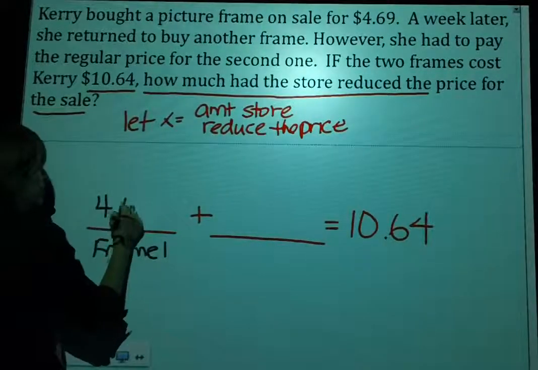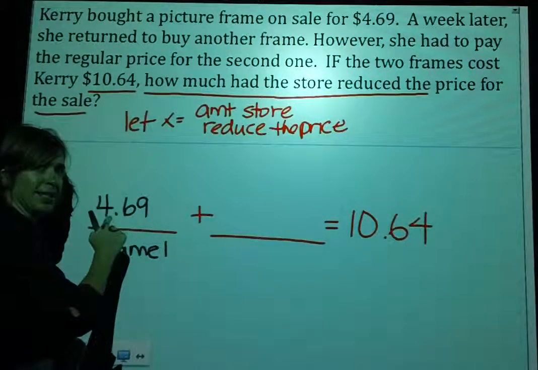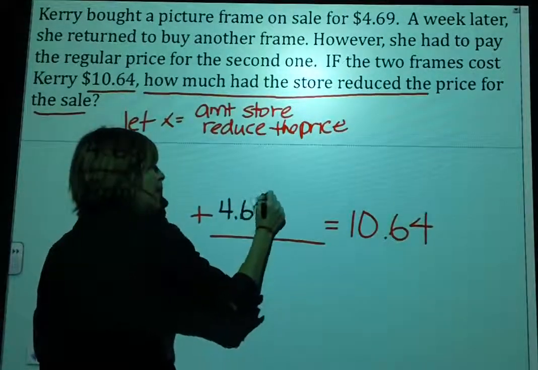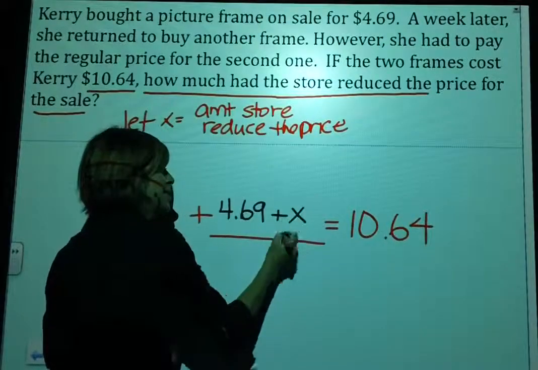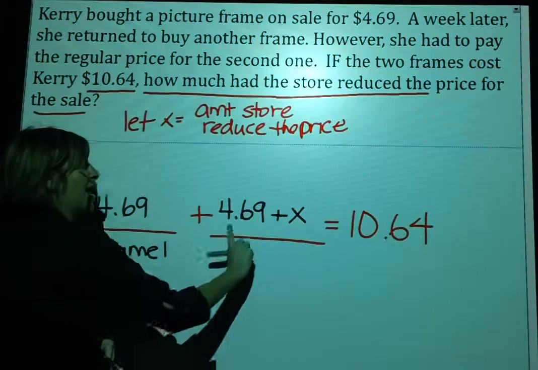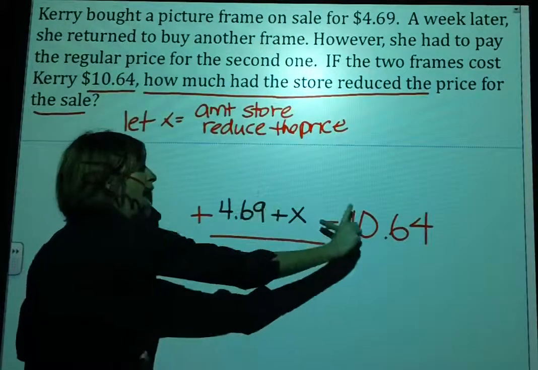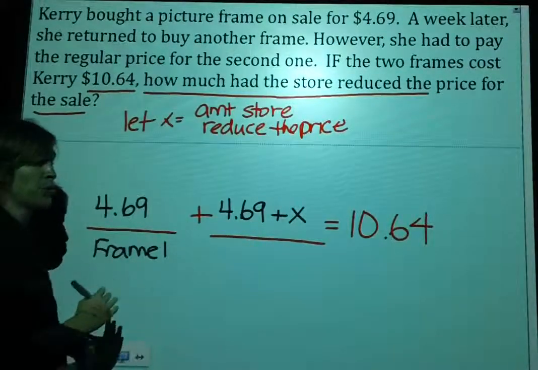She paid $4.69. Now, but that was a reduced price. So wouldn't the other frame have to be $4.69 plus whatever they reduced it by because it was the regular price? So I took that $4.69, I add the reduction to it, whatever it was reduced by, and then I totaled $10.64.